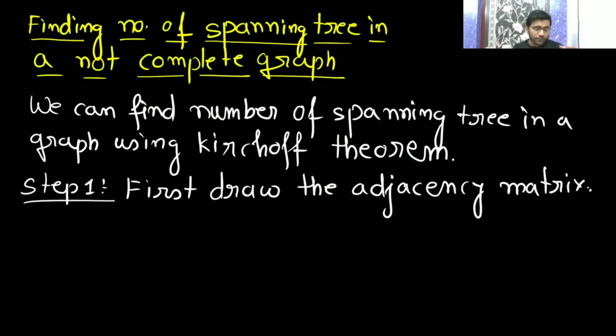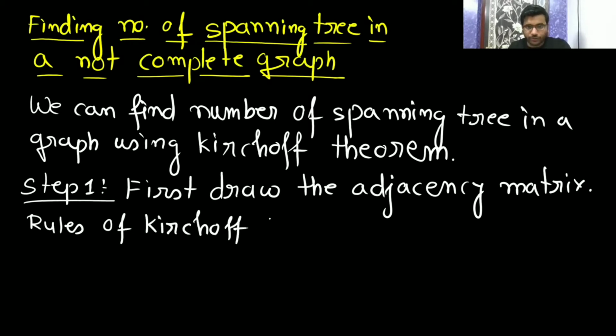So given a graph, they will ask you how many spanning trees you can have. Okay. So first step is to draw the adjacency matrix. Then apply the rules of the Kirchhoff theorem.